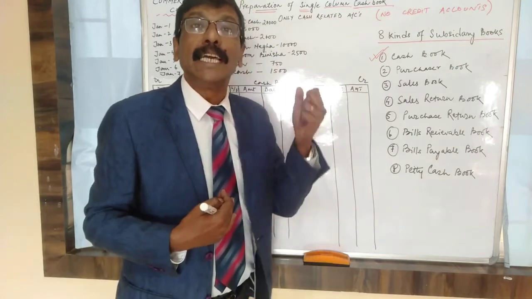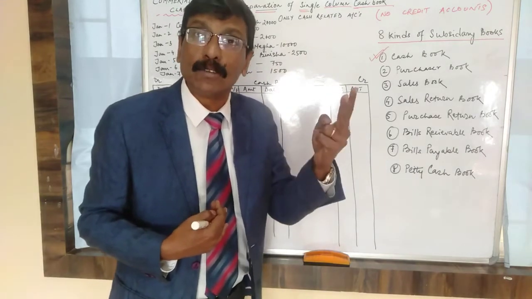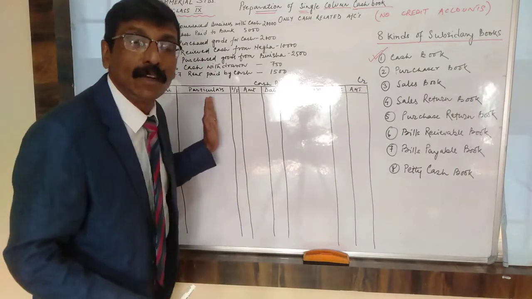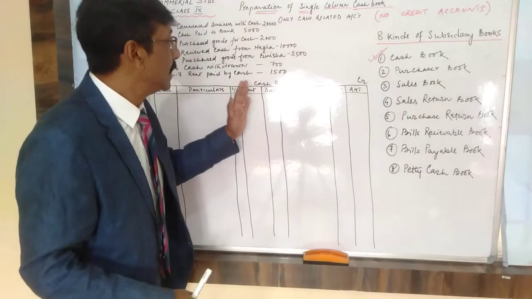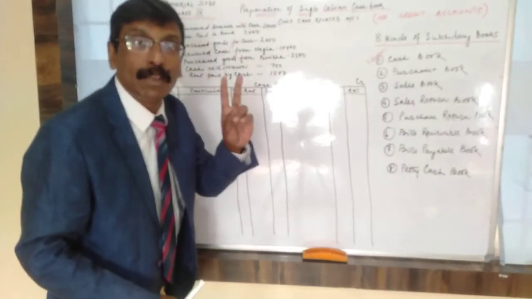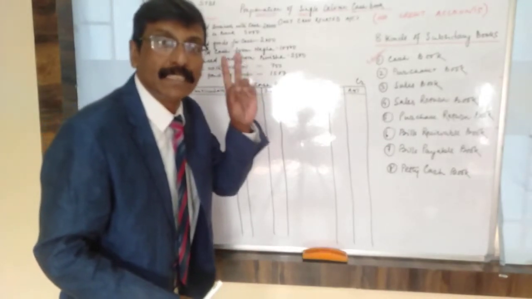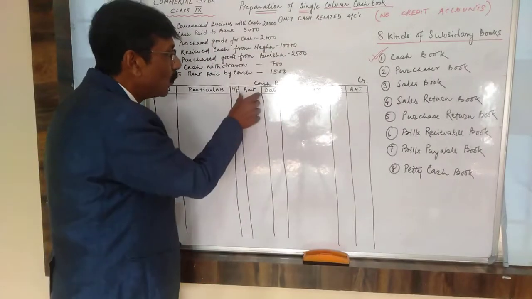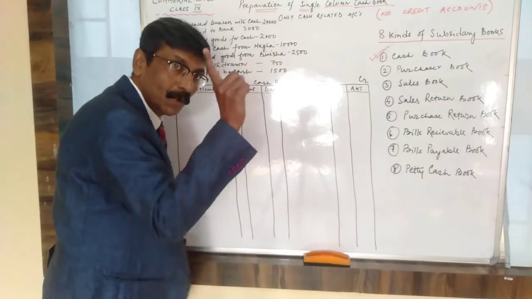So there is cash and there is discount, 2 columns. There will be a discount column, and there will be an amount column which is the cash. So double column cash books will contain discount and cash. Single column cash book will only contain cash column, 1 column.